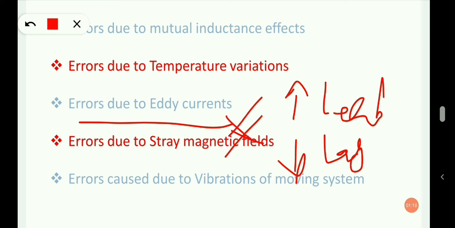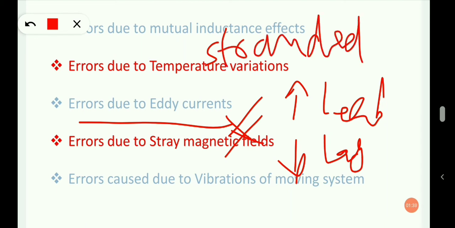Eddy current errors can be avoided by removing solid metal parts from the current coil. When large current is to be carried, stranded conductors can be used to reduce the eddy current.